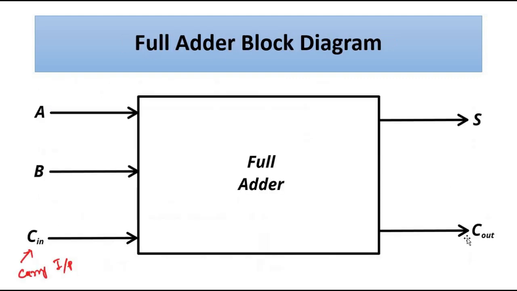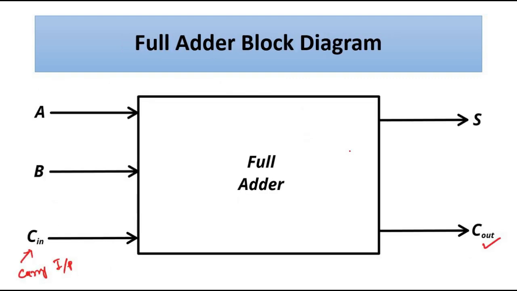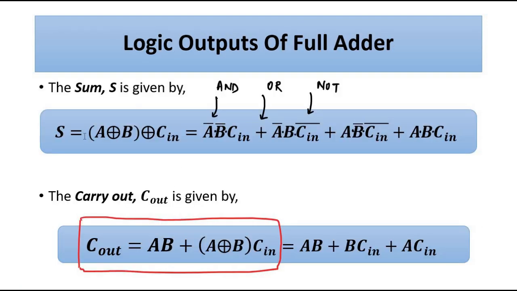This is for carry output, the C output, carry at the output side, and this is the sum, S, the result. So how can we implement it? Using these expressions only: sum is A XOR B XOR Cin, and carry output is AB or (A XOR B) Cin.